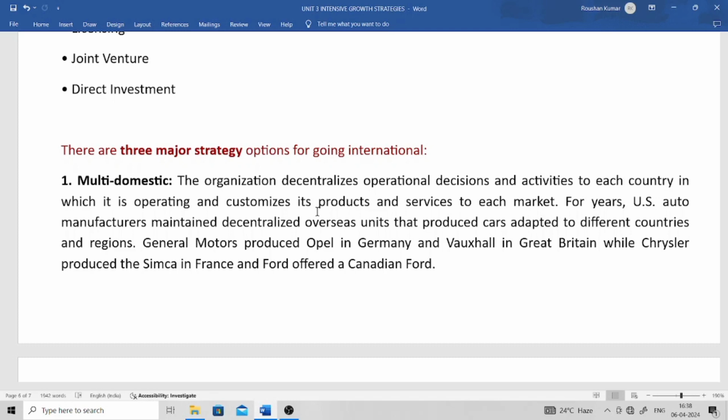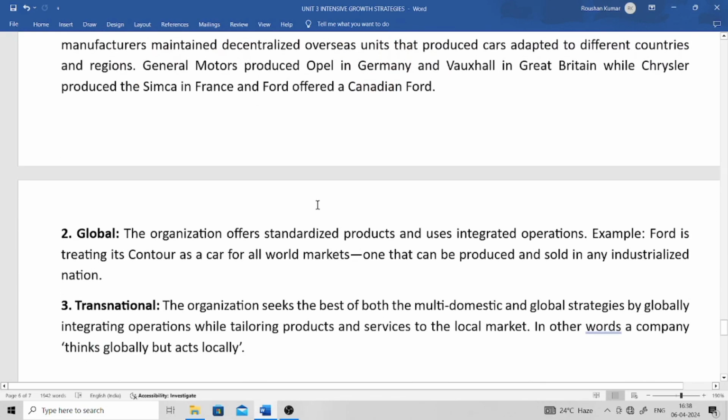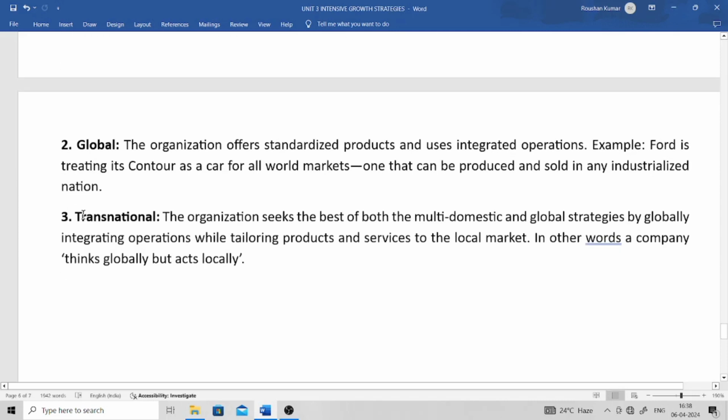Third one is transnational. The organization globally integrates operations while tailoring products and services to the local market. So operations are integrated globally, but the products and services are tailored to the local market, according to the local market situation.